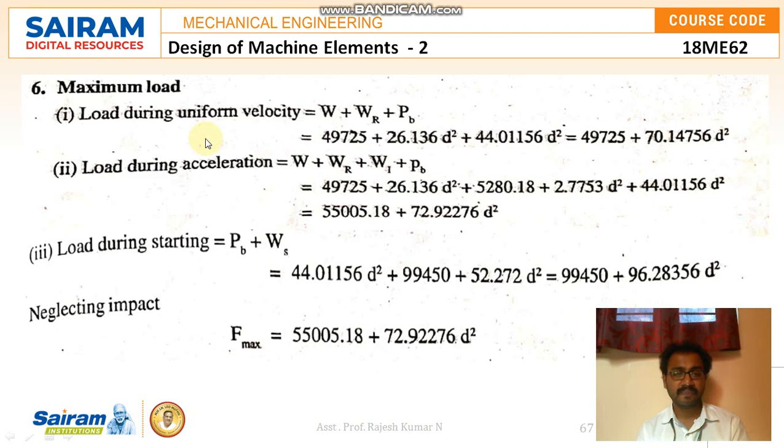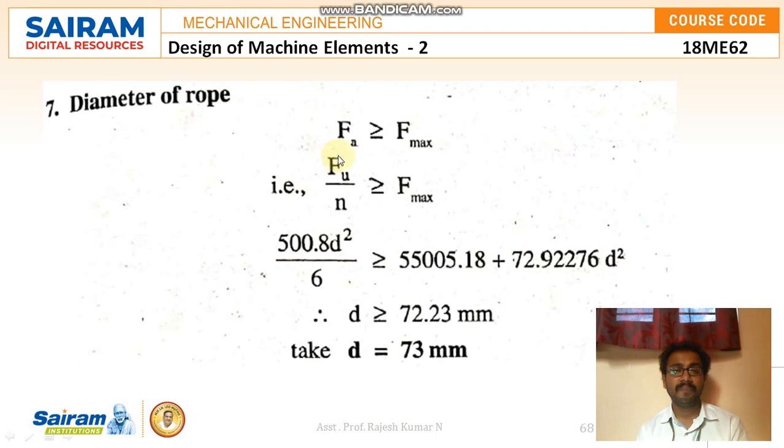So for the maximum load, I'll be going with everything, and finally neglecting impact, I'll be considering the values 55005.18 plus 72.922 d square. So the diameter of the rope, that is allowable load, should be greater than or equal to F max. So from this FU and factor of safety formula, I am getting the D value as 73 mm.